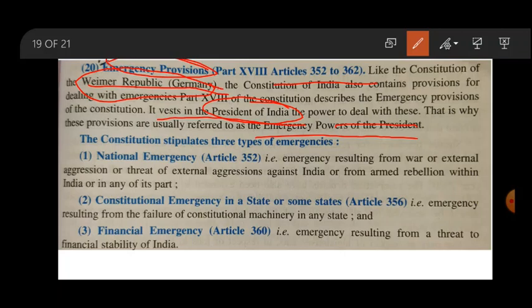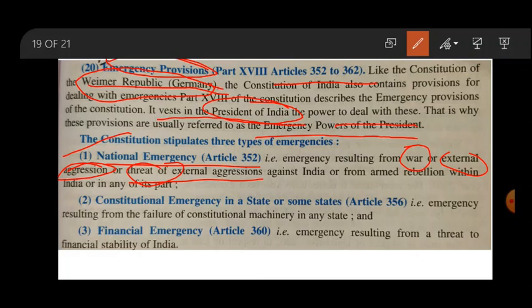So number one, a national emergency, that is Article 352. This emergency is in terms of war or external aggression. If India is at war or some foreign nation is attacking our country, or any kind of threat, suppose any country is threatening our country in order to attack or destroy, then in that kind of case the President of India can declare a national emergency.